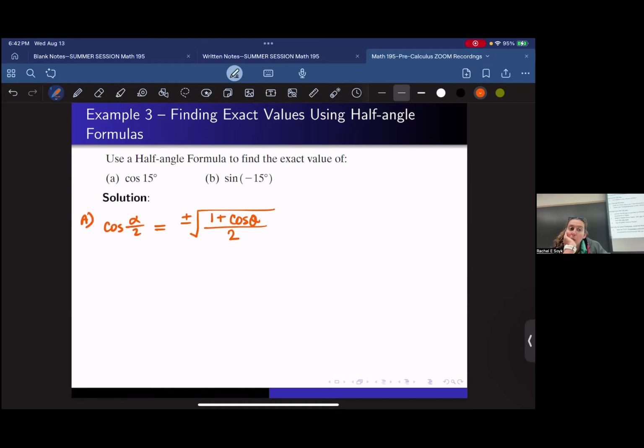And now, what is our alpha over 2 here? It's just 15. So if alpha over 2 is equal to 15, then what is alpha? Alpha is just 30, right? Okay. And now we're going to plug in. Why do I have a theta here? This should be alpha.